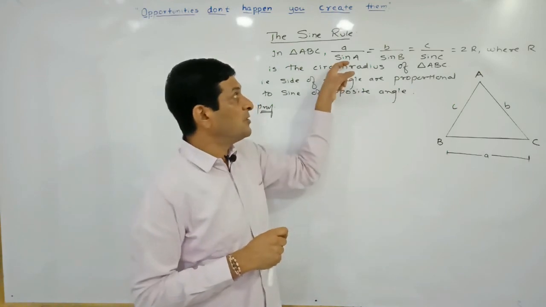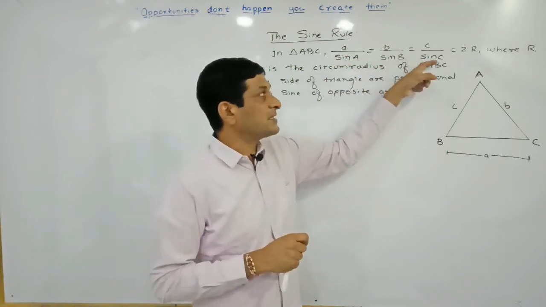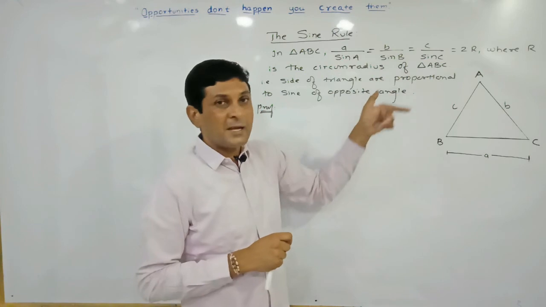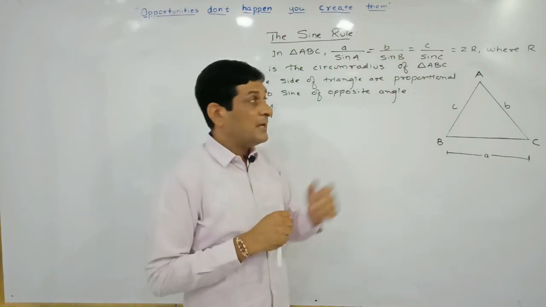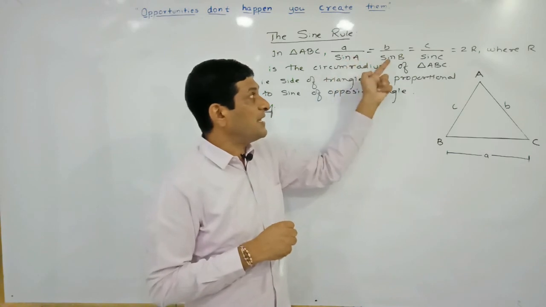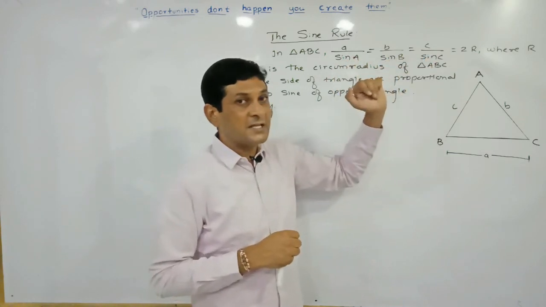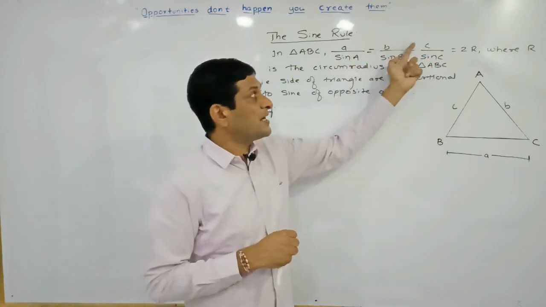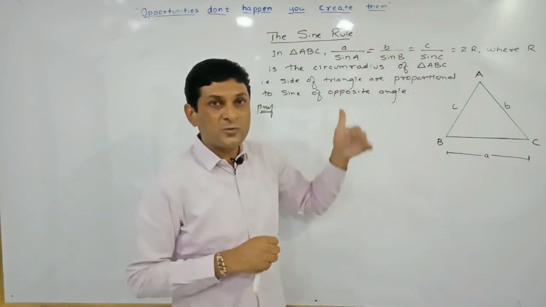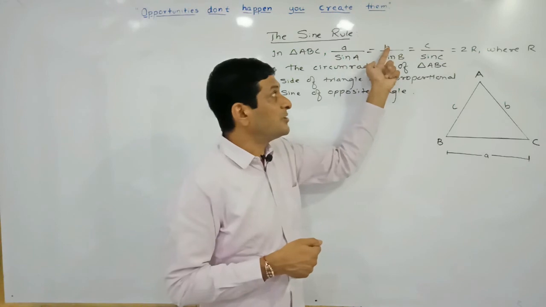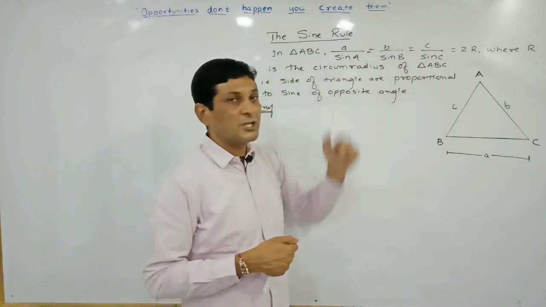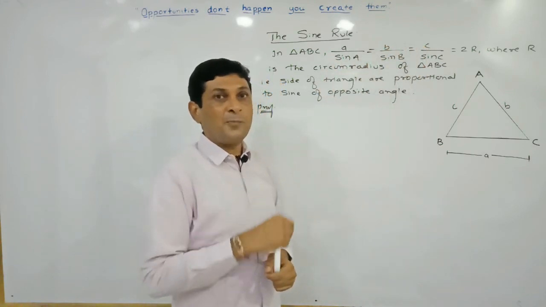And if you observe the denominator, sin A, sin B, sin C, means capital A, capital B, capital C are nothing but what? Angles of this triangle. And these ratios, sine of angle A, sine of angle B, sine of angle C, are equal. These ratios are equal means values are in what? Proportion. Means which values are in proportion? These sides of the triangle are proportional to the sine of their opposite angles.